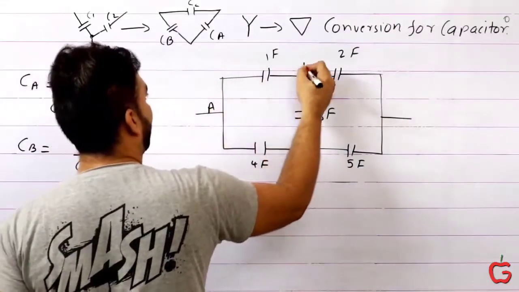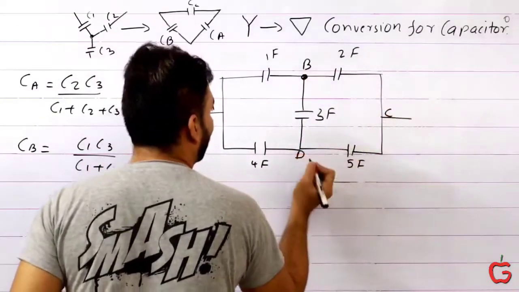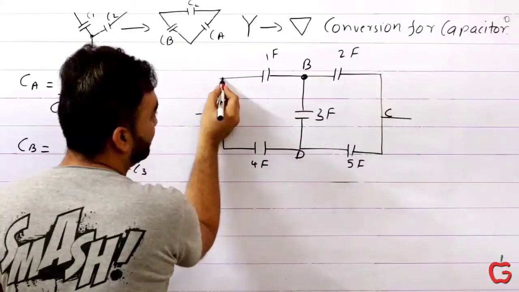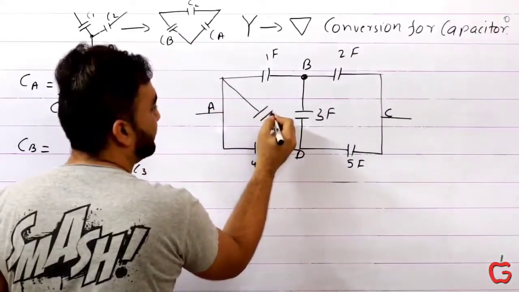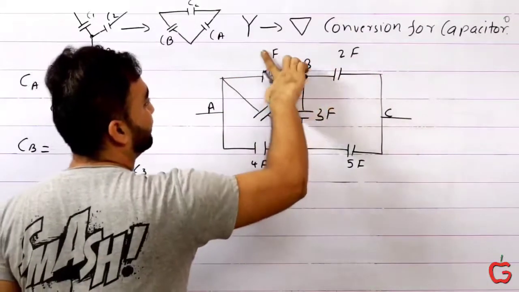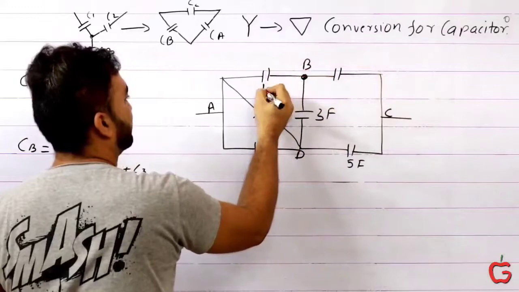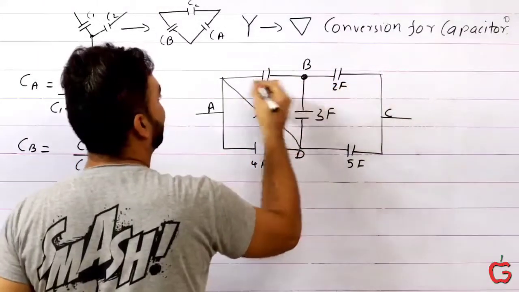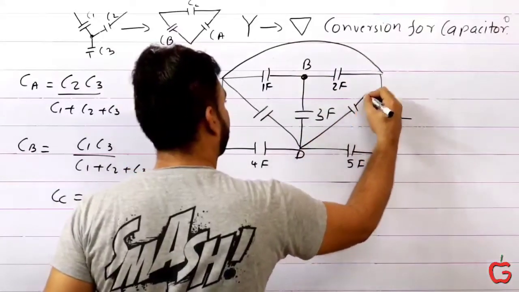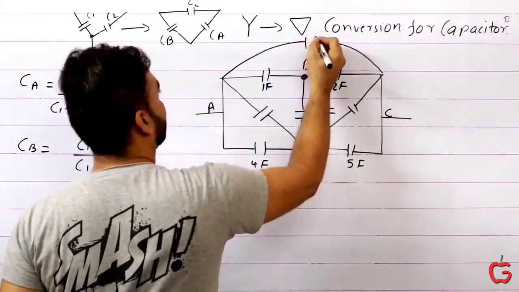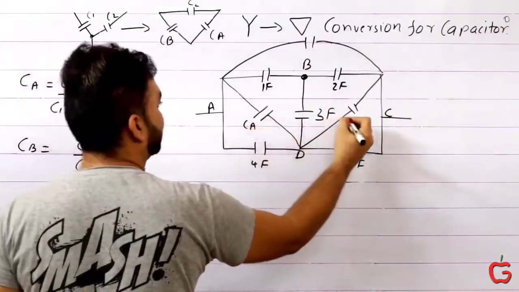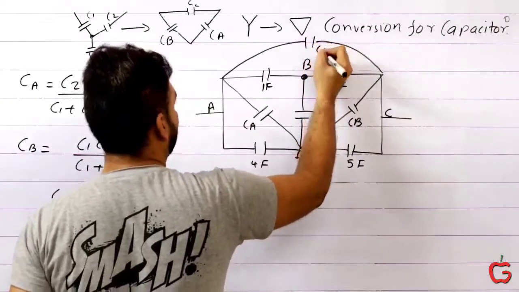So let's name them A, B, C, D. So we are going to convert this junction into a triangle. So I am passing the triangle from above. So 1F and 2F. So I am passing it like this. Okay. So this is our CA, CB and CC.